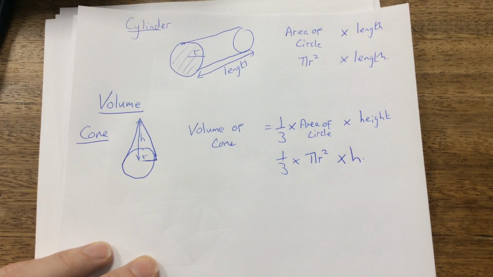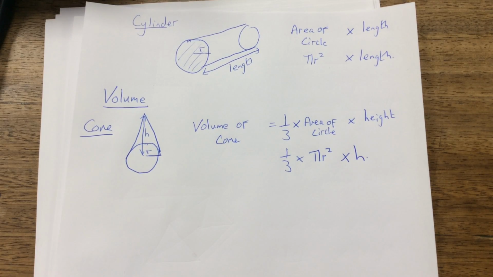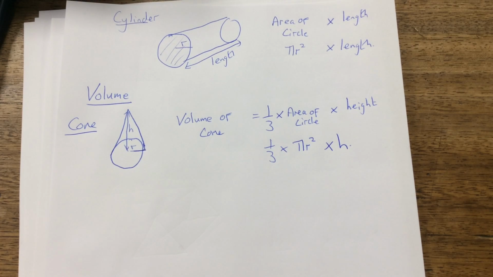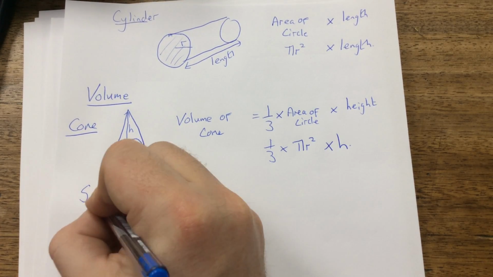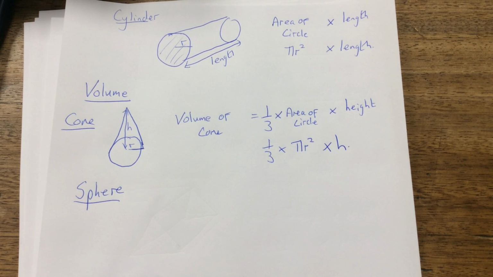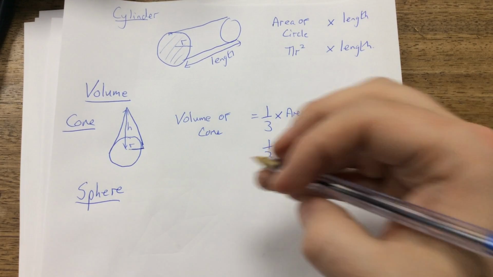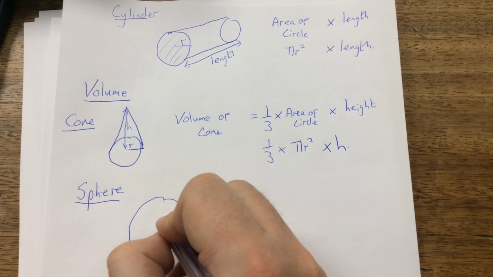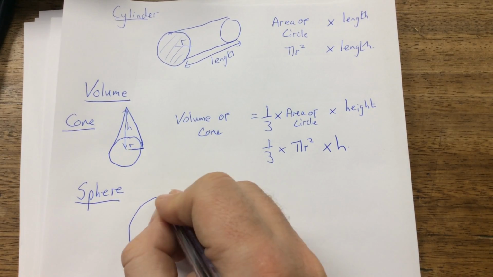There are 2 other shapes that you need to know. All right, the next shape is a sphere. A sphere is like a 3D ball, imagine a ball with no divots, a perfectly smooth ball, like one you would throw for your dog. And a sphere is a 3-dimensional circle, so it's quite hard to imagine.